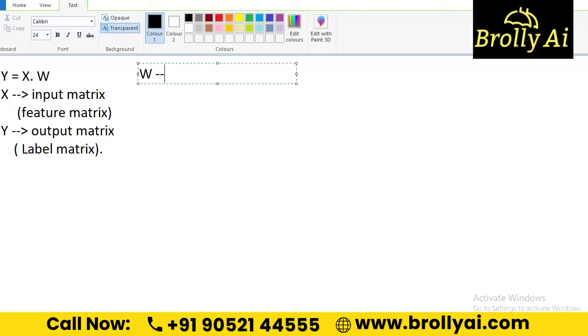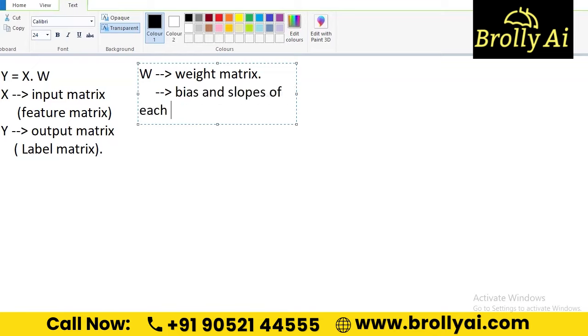How to find it mathematically? We will see. W is a weight matrix, which contains the bias and slopes of each input variable.